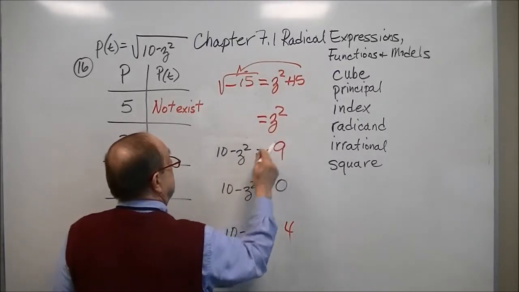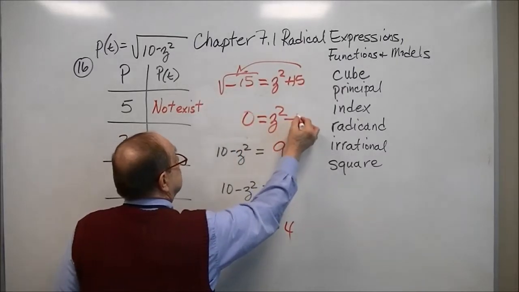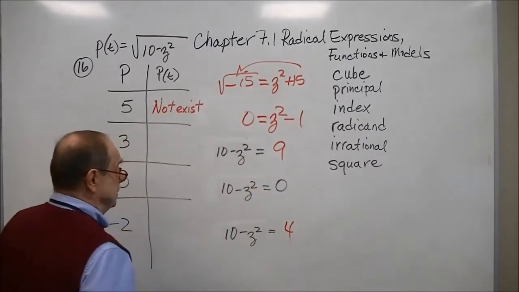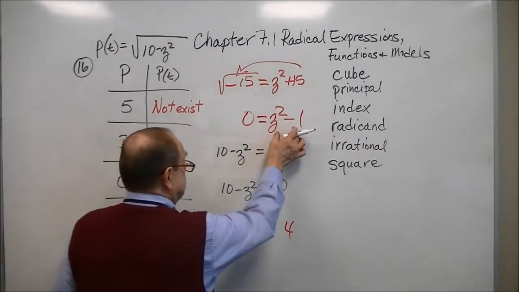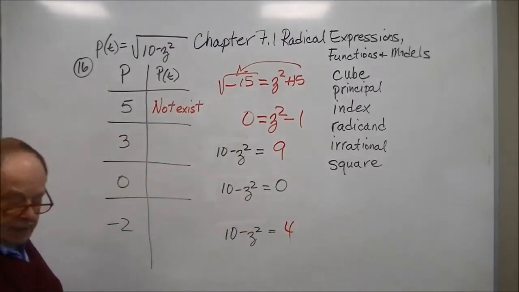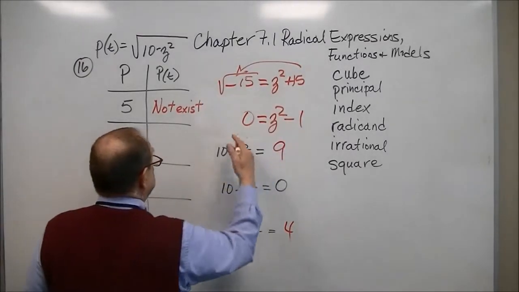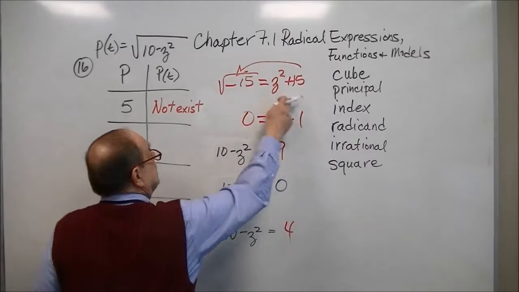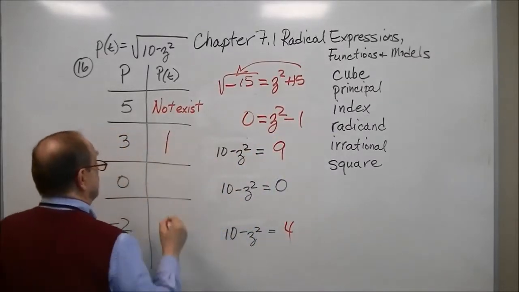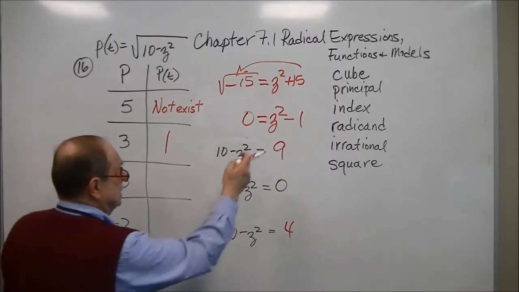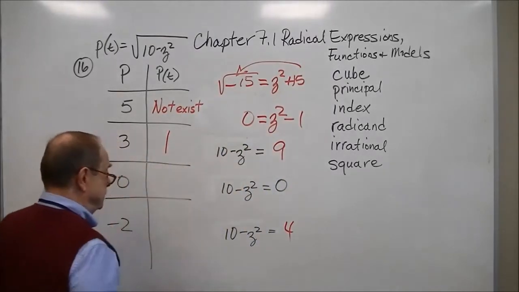This becomes a -10 on this side. And this becomes a -1. That's going to work. So if we factor this, this becomes the one that's good. Bringing that over to the other side, this becomes a 1. So just bring that over, take the square root of a +1 is 1.